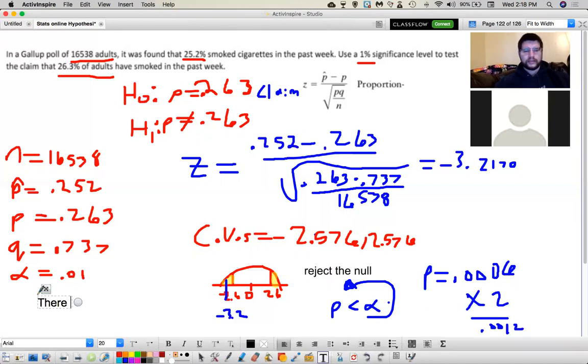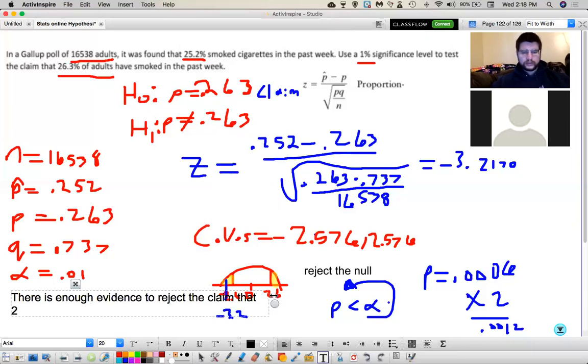So there is enough evidence to reject the claim that .3% of adults have smoked in the past week.